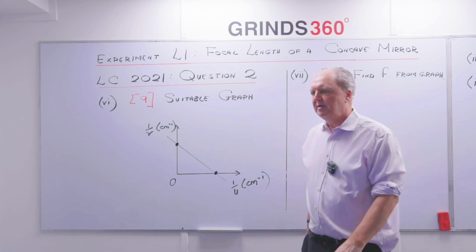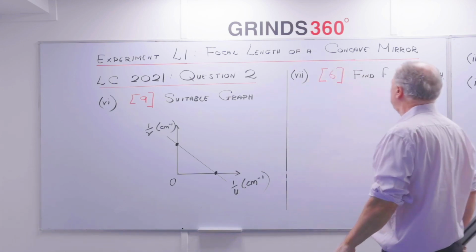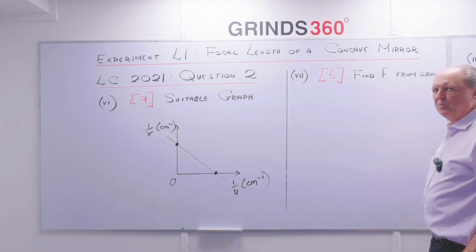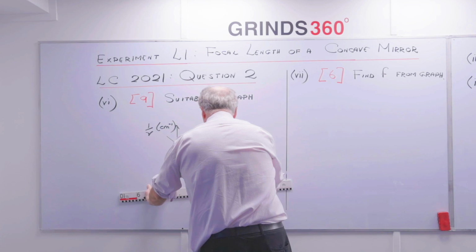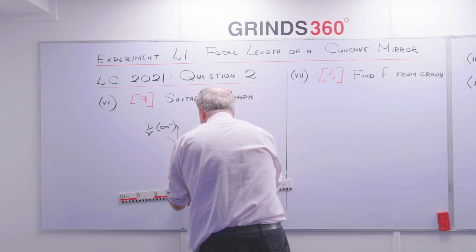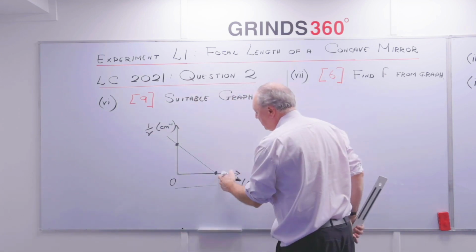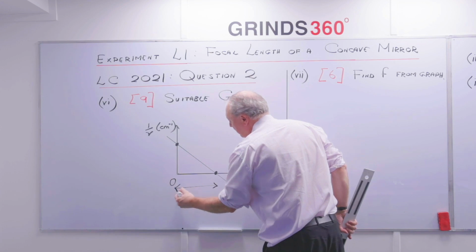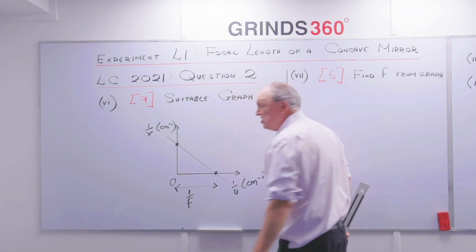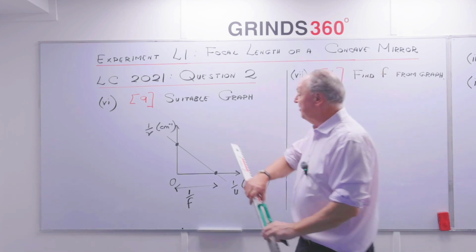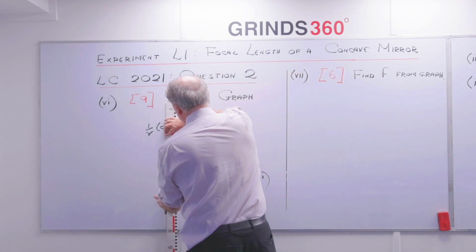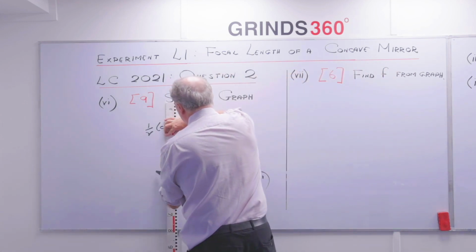The other part they're asking me to do is find f from the graph. Well, the way you find f from the graph is if you read off what the intercepts are. That distance there from the origin to that intercept, that equals 1 over f. It's not hard to explain why that's the case, but I'm not going to do it here. And this intercept here is also 1 over f.